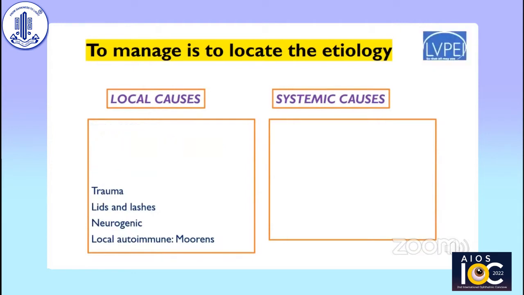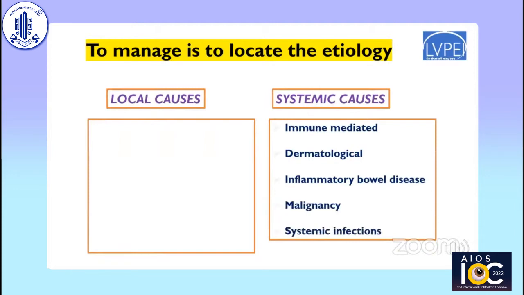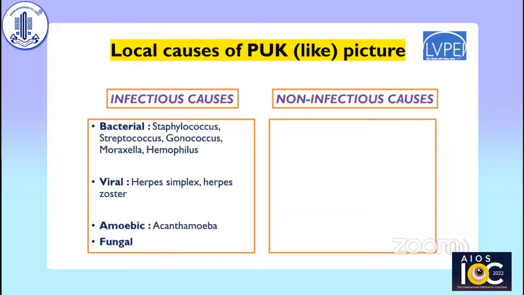Coming to systemic causes, we can have diseases such as dermatological, inflammatory bowel disease, malignancy, or even certain systemic infections can manifest with PUK. Let us look further at the local causes of either PUK or PUK-like picture. These can be subdivided as infectious and non-infectious causes.